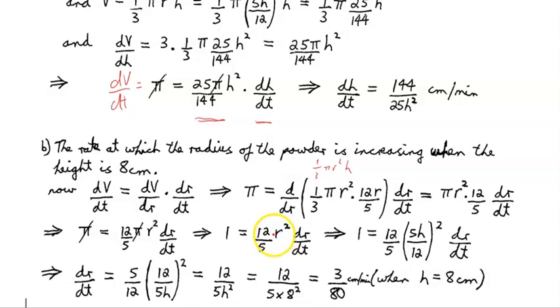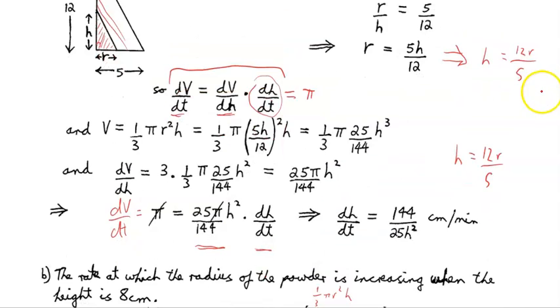Although, my apologies, first we can get rid of the r squared by putting in what we found earlier at the top. The height was 12r on 5, and my apologies, we want r in there.